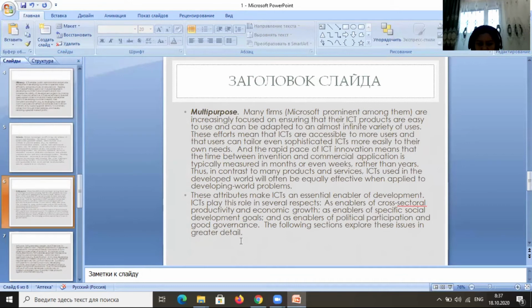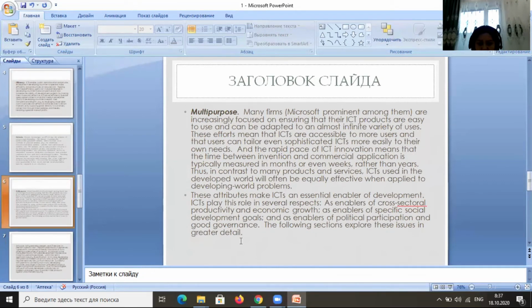In contrast to many products and services, ICT uses in the developed world will often be equally effective when applied to the developing world's problems. These attributes make ICTs an essential enabler of development.